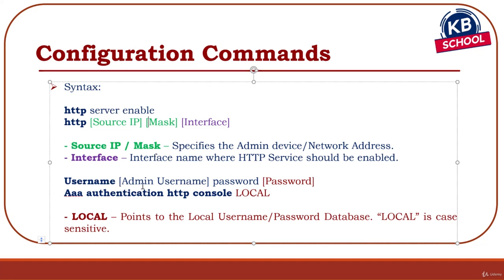Once that's done, create the username password. I would also put the privilege over here, because there are certain characteristics over here that require the privilege to be set to 15, which is the highest privilege that gives you all admin capabilities. So that's why this needs to be done.